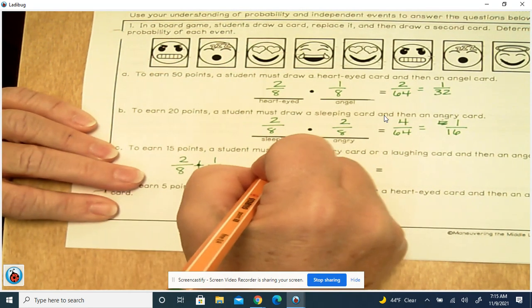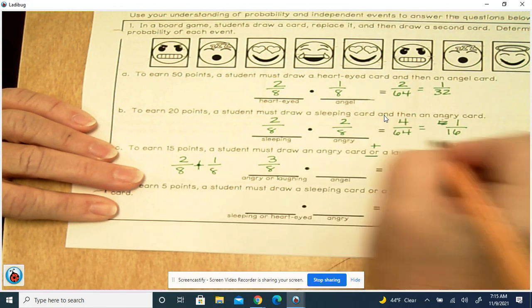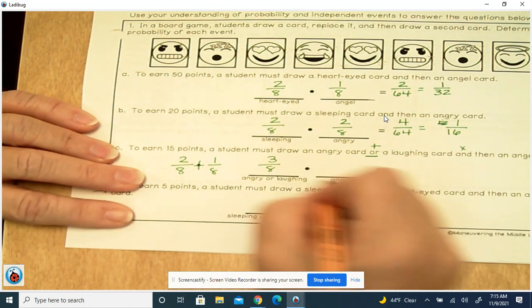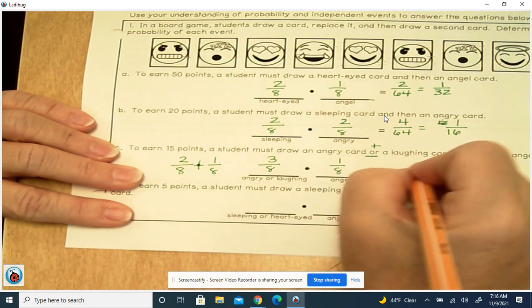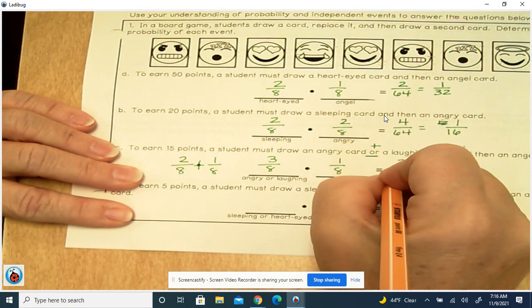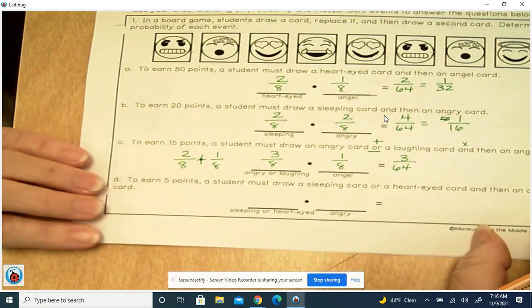So that gives us 3 out of 8, because this is "or." Or means to add, and means to multiply. So we got 3/8, and then the angel card is 1 out of 8. So that gives us 3 out of 64, and that can't be simplified.